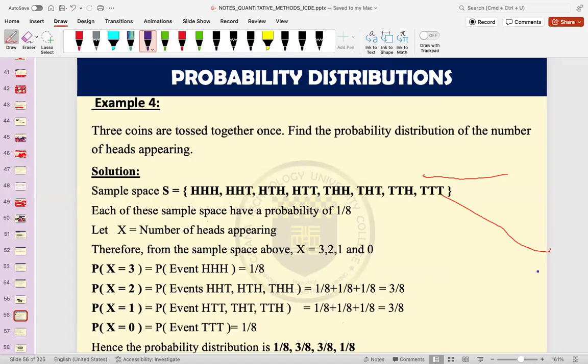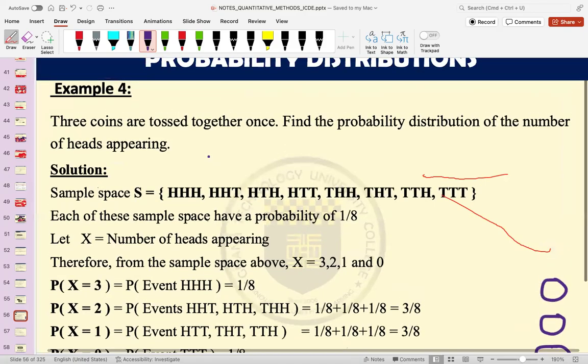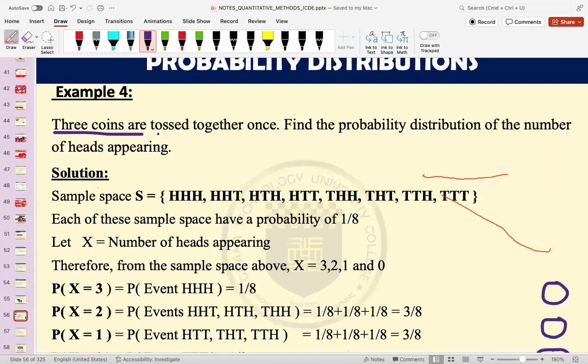Now you have 3 coins: 1, 2, 3. The question says that 3 coins are tossed together once.